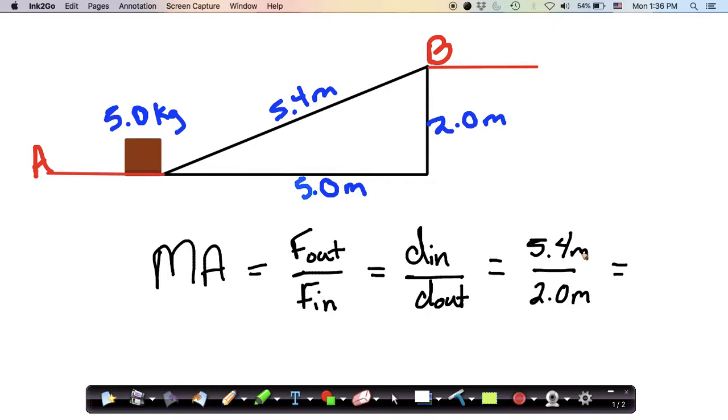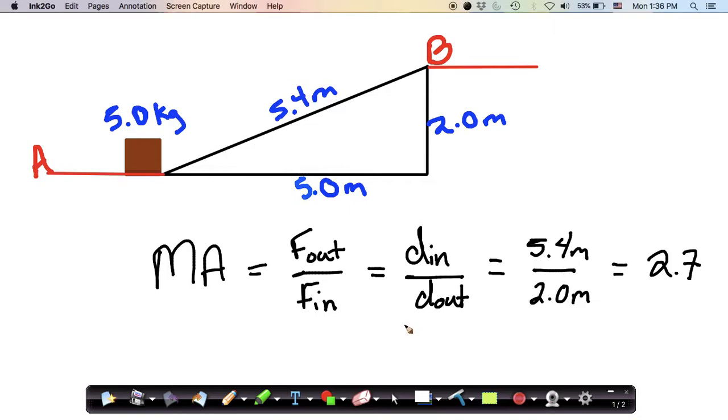We see here that the dimensions cancel, so meters and meters drop out. This mechanical advantage ratio is dimensionless. We get 2.7 for our mechanical advantage. Think about this conceptually. What that's saying is this inclined plane will multiply your input force by 2.7.